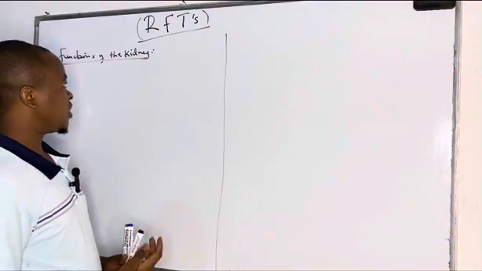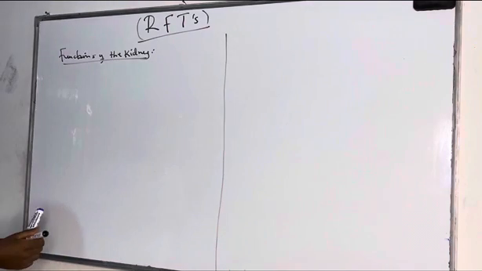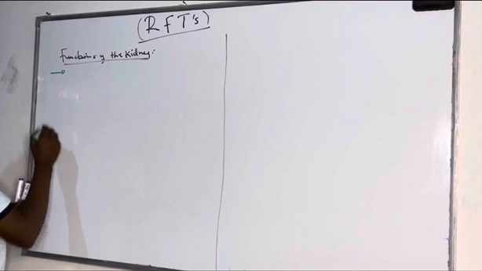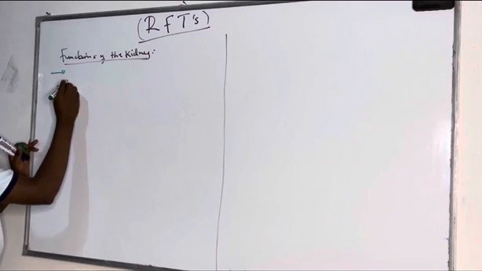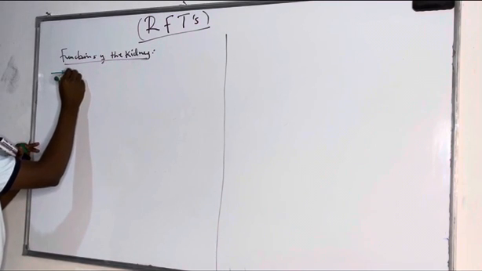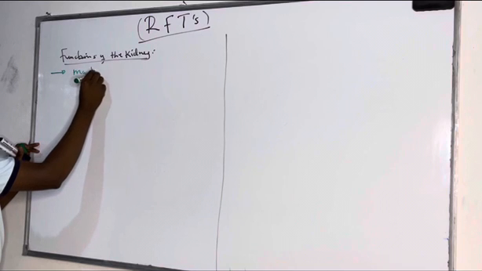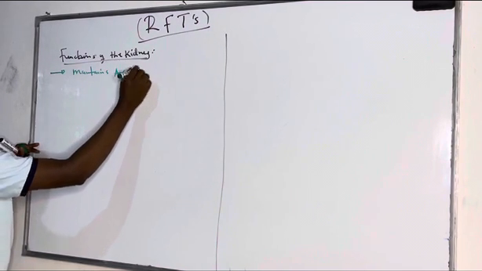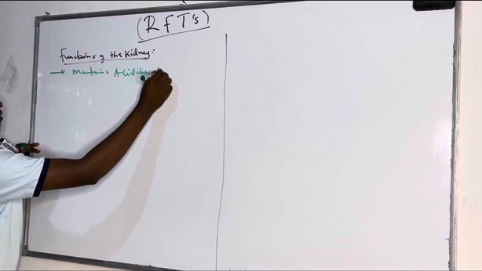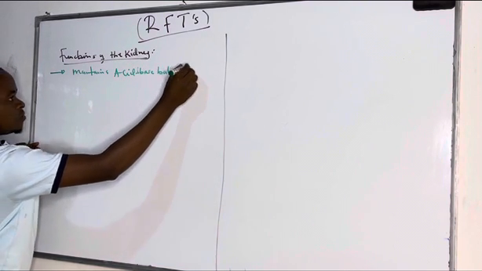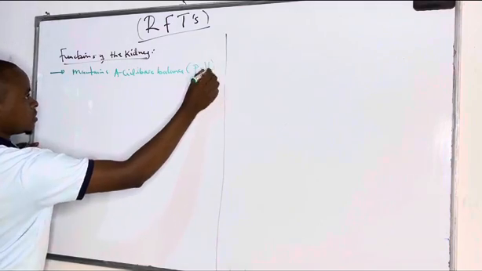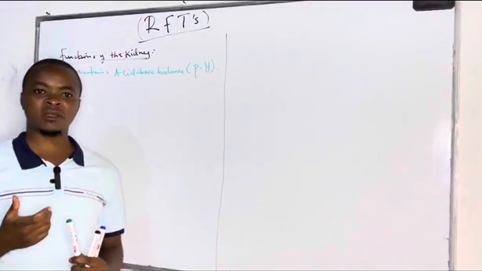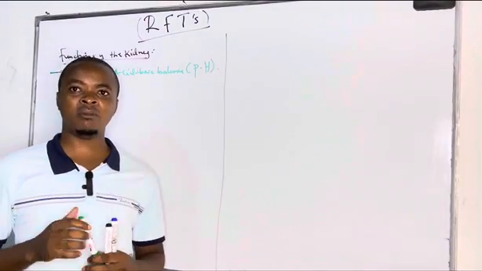So there are many functions of the kidney in our body, whereby this kidney plays a big role in acid-base balance. It maintains acid-base balance, and this is what we call maintenance of pH, especially looking at the reabsorption of potassium, of hydrogen ions and bicarbonate ions.